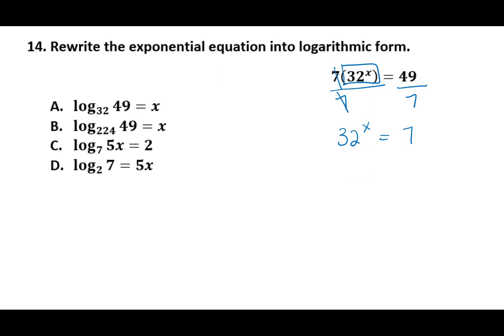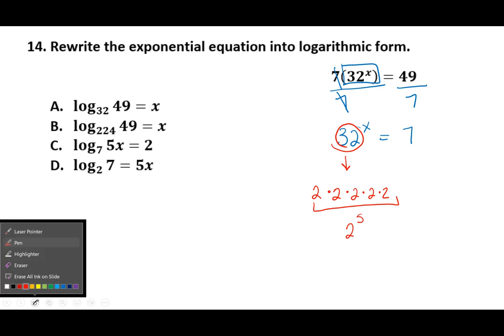So we're going to have to rewrite 32 into something smaller. So 2 is usually the easiest one. So 2 times 2 is 4, times 2 is 8, times 2 is 16. 16 times 2 is 32. So how many 2's in total are there? There are 5. So it becomes 2 to the 5th.